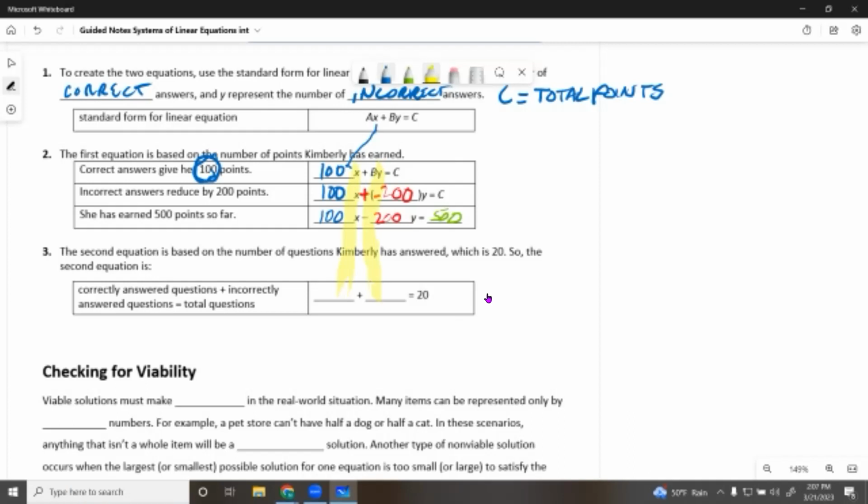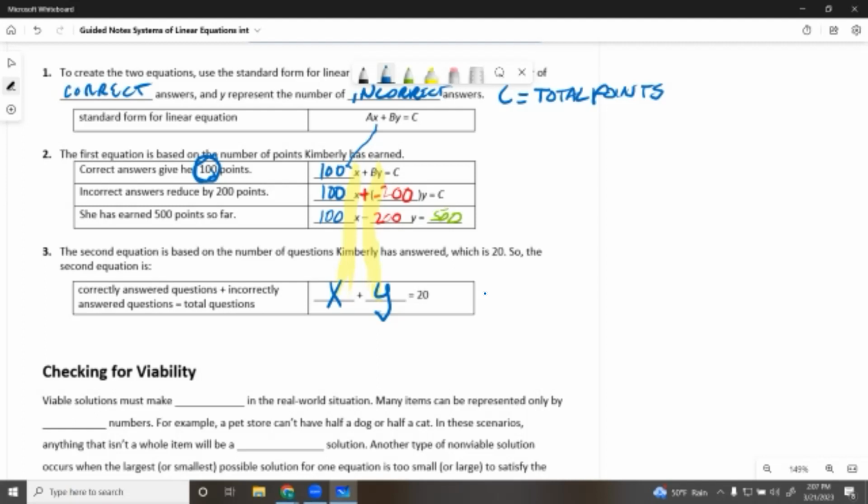So we know that it's x plus y equals 20, x being the number of questions right. See, x is correct and y is the number incorrect. We don't need to know whether she got them incorrect or positive.